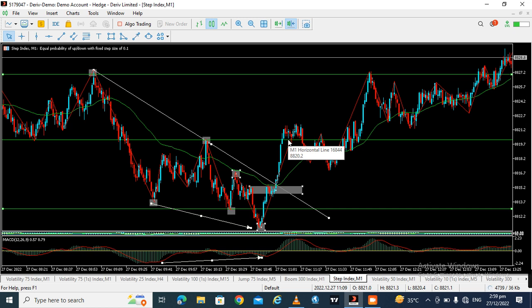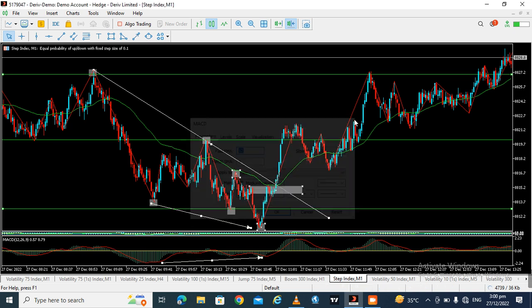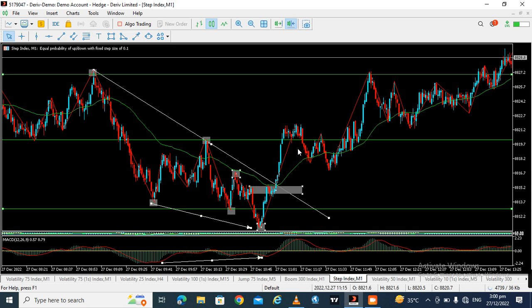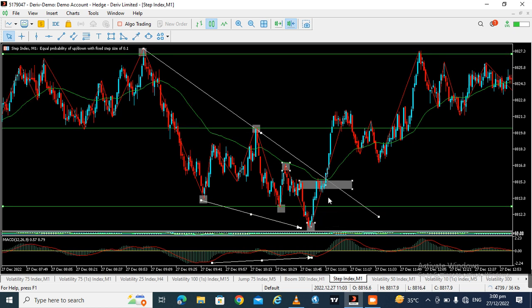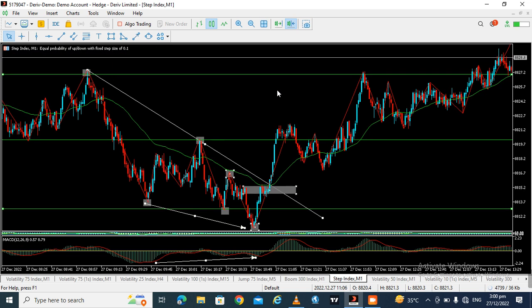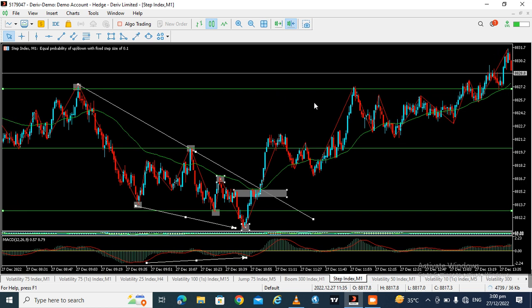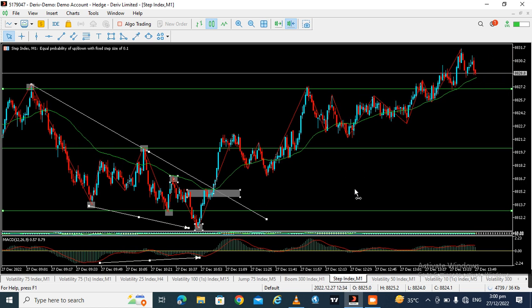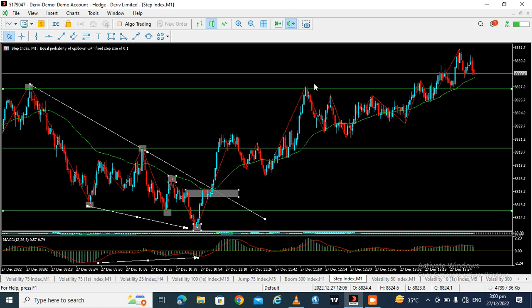One good thing to take note of, having taken your TP1, is to move your stop loss, which initially should be somewhere here, to break even in order to protect your funds. As you can see, price pushed up to strike your TP1 and TP2 perfectly.